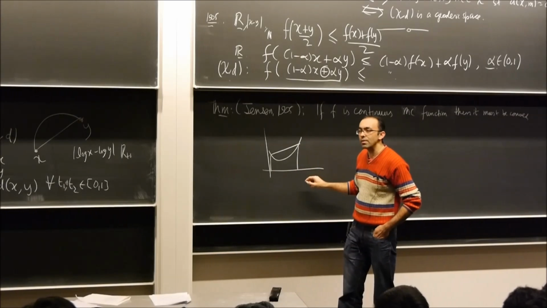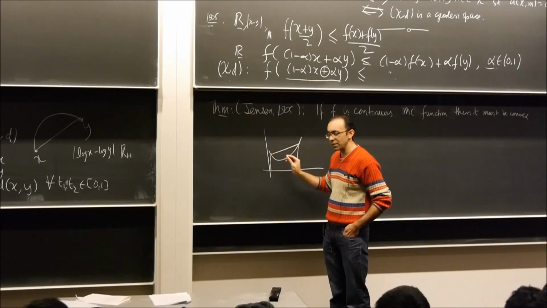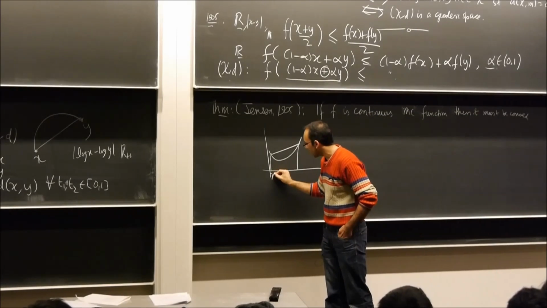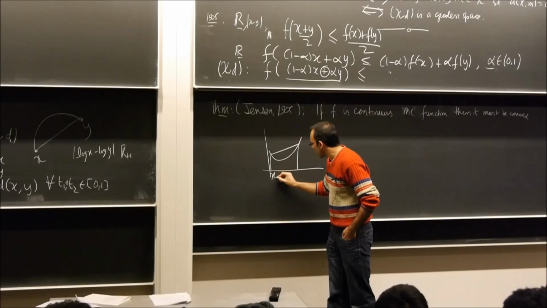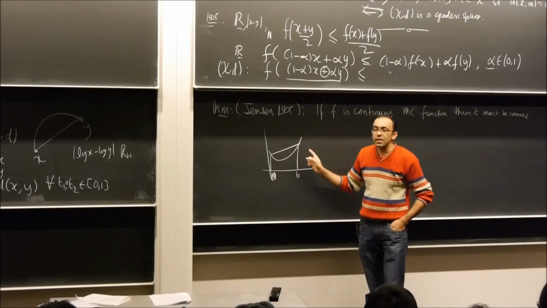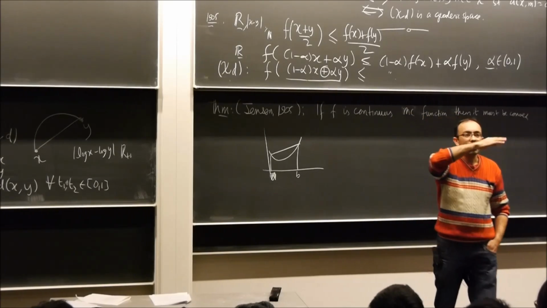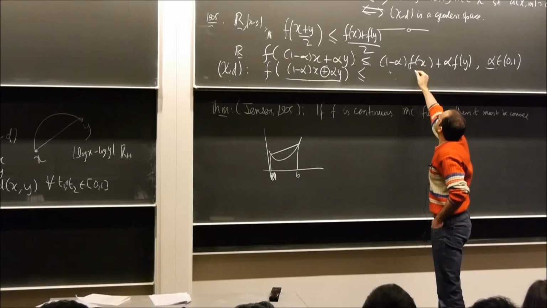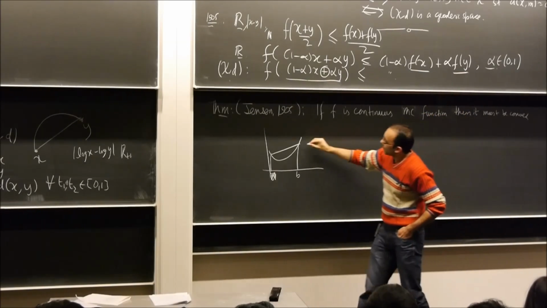Suppose it's convex within this interval; outside this interval, whatever it does we don't care. On this interval f is always below that line formed by the values at the end points of the interval.